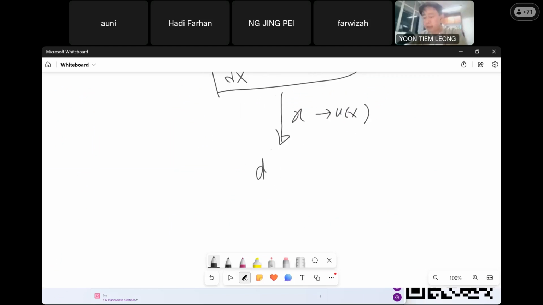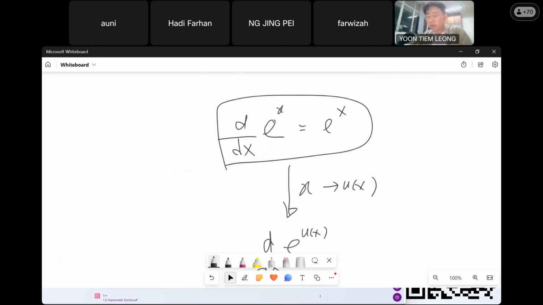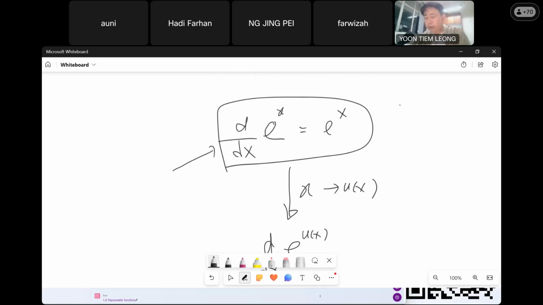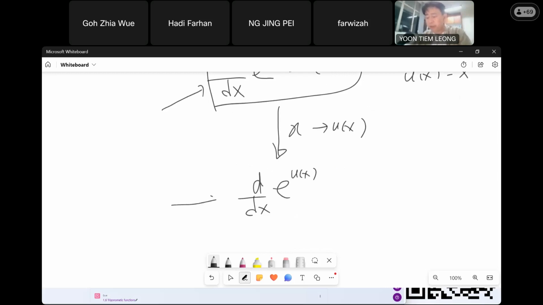So I ask the question, what is d/dx of e raised to the power of any generic function? This is a generalization where instead of e^x, I'm asking about e to the power of a function of x. In the special case where the function u is just equal to x, we would have the earlier relationship instead.